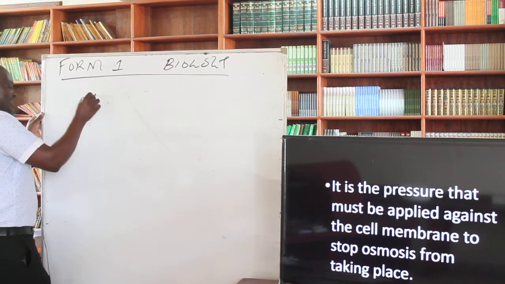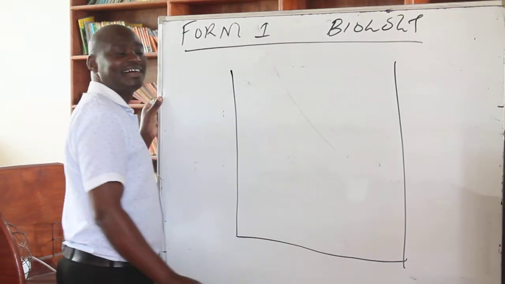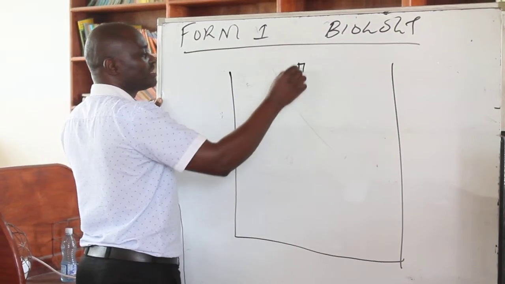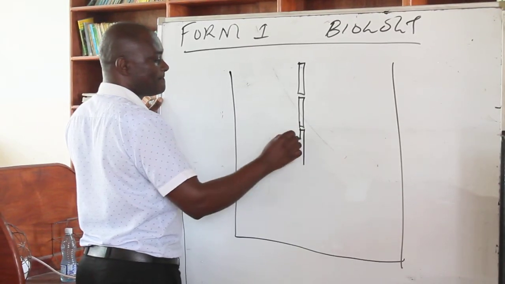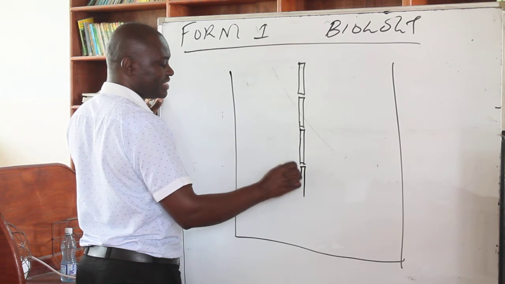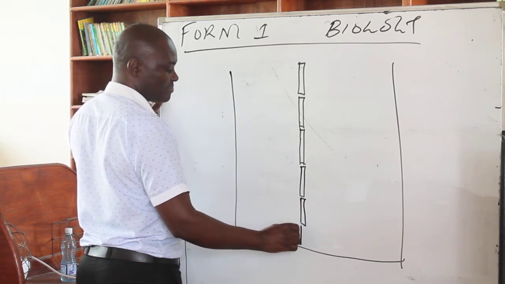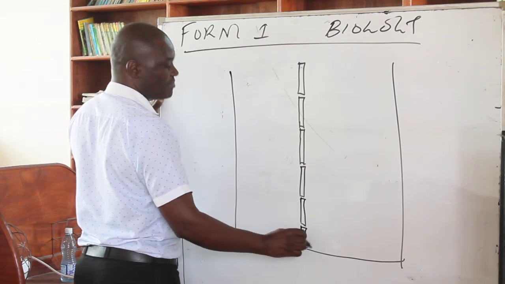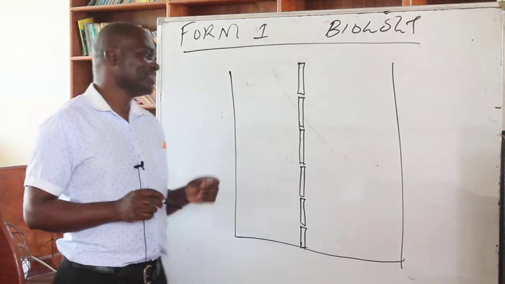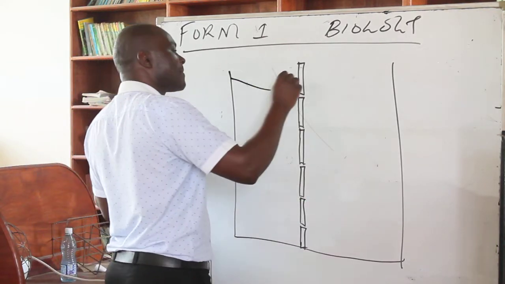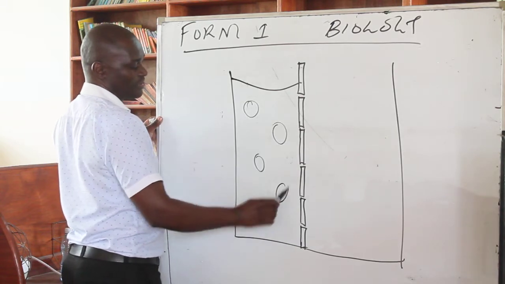Now, let us take a beaker and divide this beaker using a semi-permeable membrane. You can see it is semi-permeable. Then on one side, we place pure water.